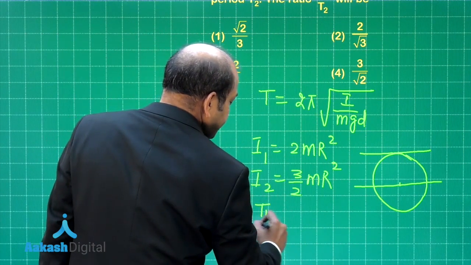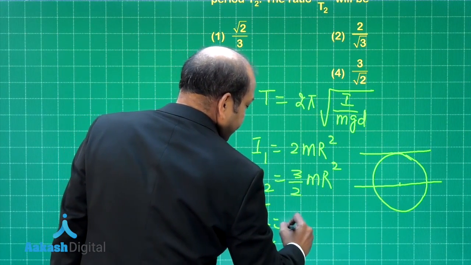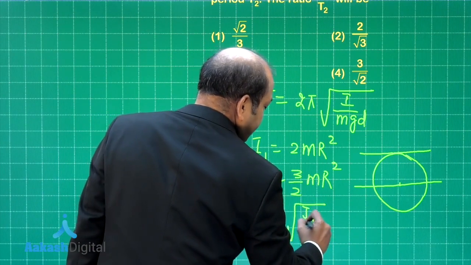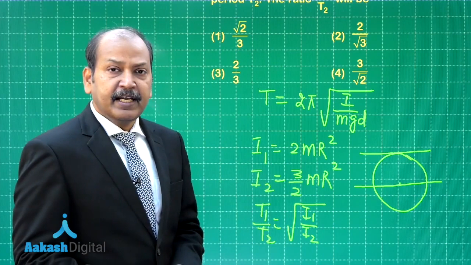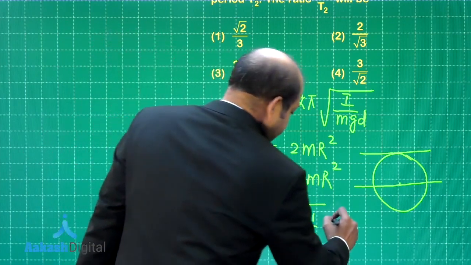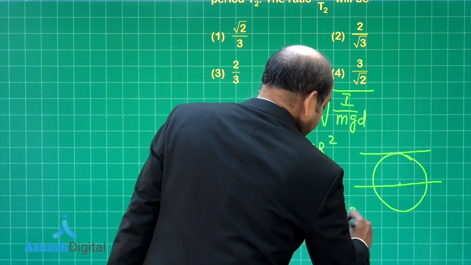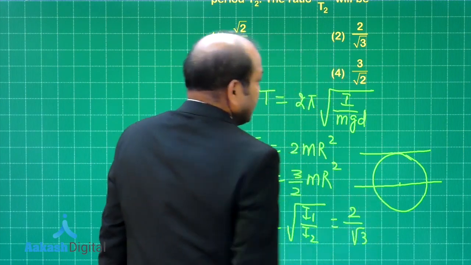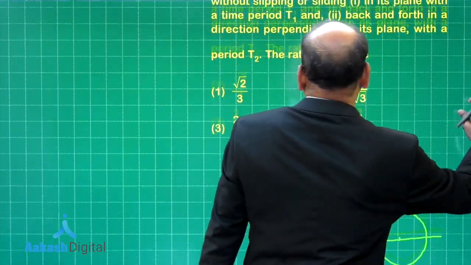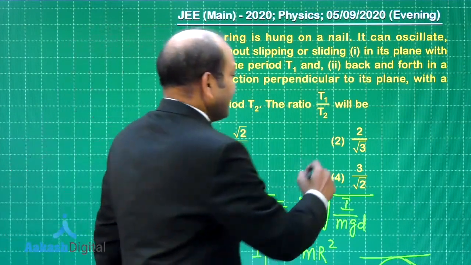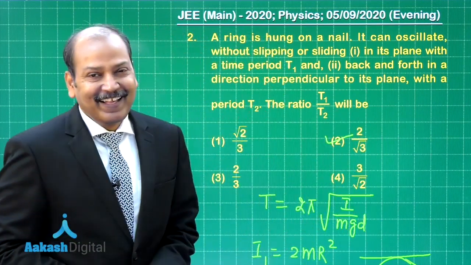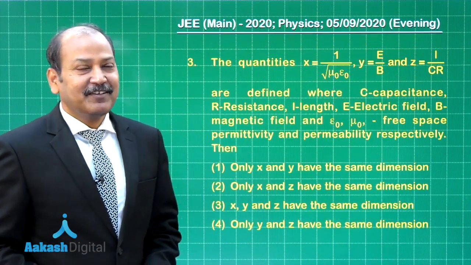So, T1 by T2 is given as root of I1 by I2. We already have I1 and I2. Well, this comes out as 2 divided by root 3. Let us now check the options, and option 2 is matching with our solution. Let us go to question number 3 now.